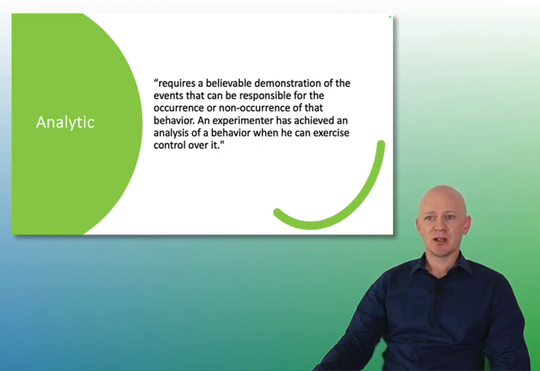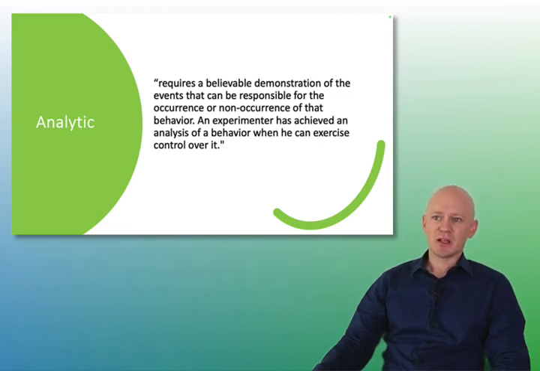This is more common, and I should have pointed out that these dimensions more closely relate to research and the application of research within the field, less so applied to practice, although they can be considered within practice, which is also something important to consider. But we might be a little bit more lax in the analytic dimension in practice than we would be in the experimental analysis of behavior or research that would be considered applied behavior analytic.